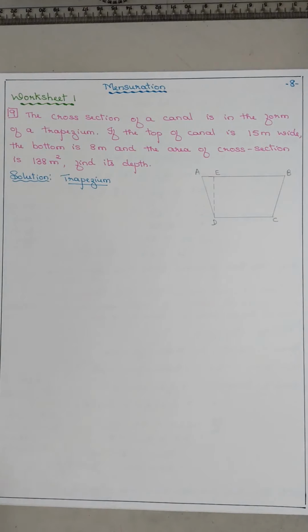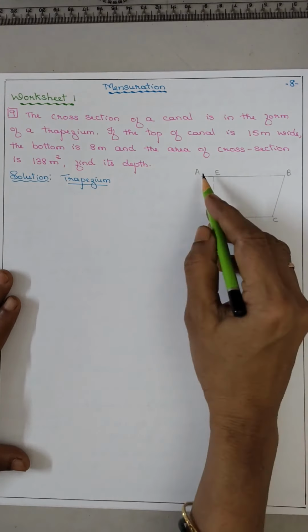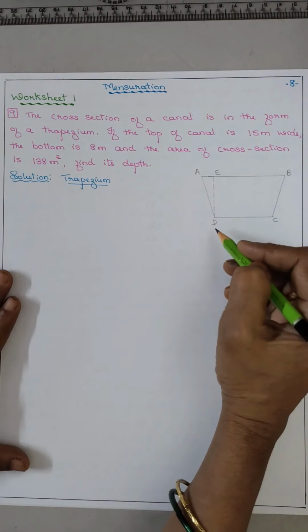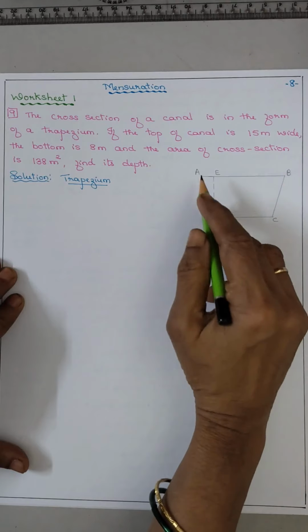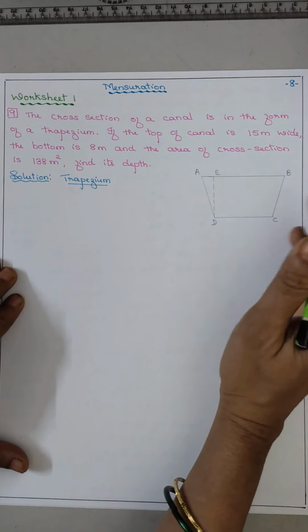If the top of the canal is 15 meter and bottom is 8 meter, मतलब ऊपर का ज्यादा है, नीचे का छोटा है. So इसके लिए the figure is reversed, isn't it? Inverted.